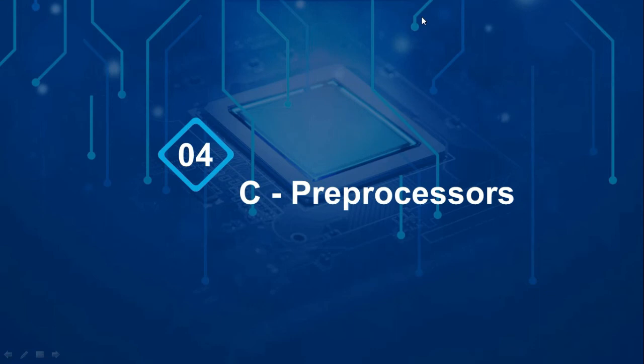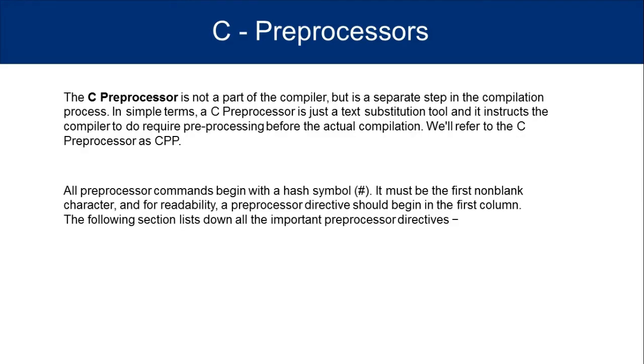And last, C preprocessors. The C preprocessor is not a part of the compiler but is a separate step in the compilation process. In simple terms, a C preprocessor is just a text substitution tool, and it instructs the compiler to do required preprocessing before the actual compilation.